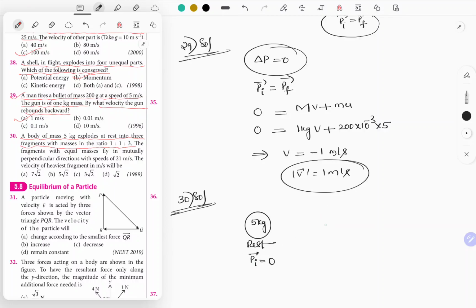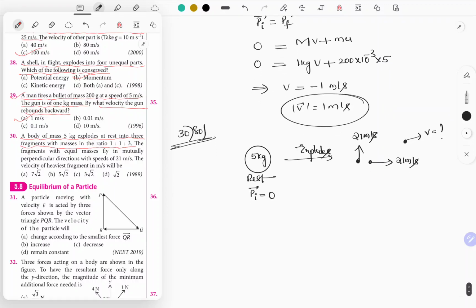Now it explodes into 3 fragments. They said the fragments with equal masses fly off with equal velocities. The equal velocity they have given is 21 meter per second, this is also 21 meter per second. The velocity of the heaviest fragment they are asking. That is what we have to find out.